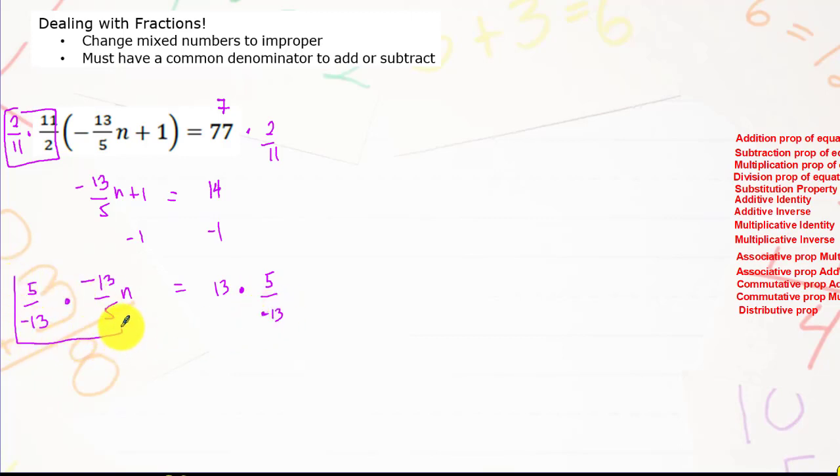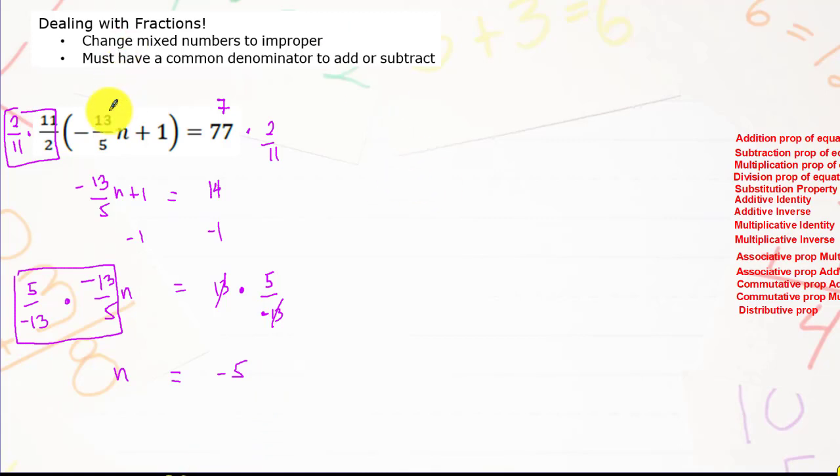Now again, these two are inverses of each other. It will be equal to 1. So we can just cancel this and this. So n equals 13 times 5 over negative 13. This can cancel out. I will have negative 1 at the bottom. 5 over negative 1 is equal to negative 5. And there we go. This will be our answer, n equals negative 5.